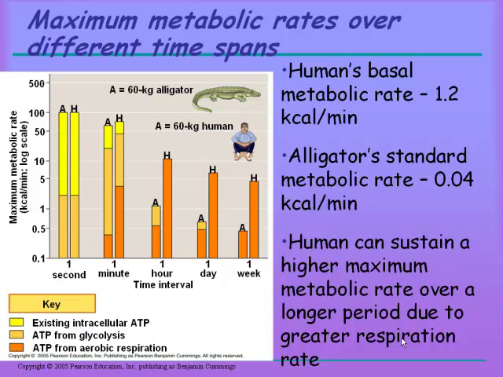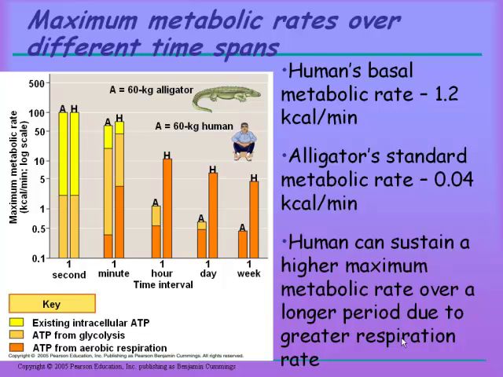So looking at this picture here, you can see second, minute, hour, day, and week. The yellow is existing intracellular ATP, alligator and human, and how it disappears. ATP from glycolysis, okay, that's like fermentation. So that's the lighter orange here.